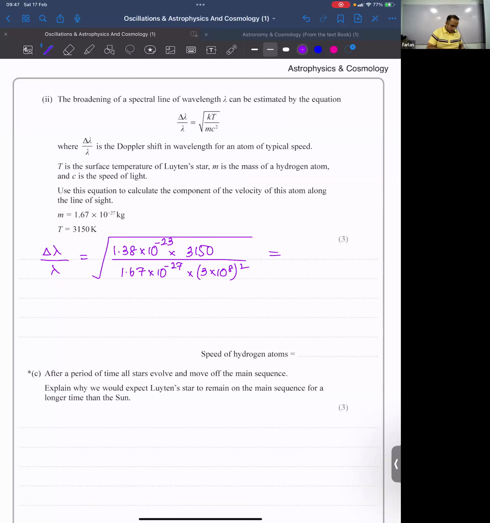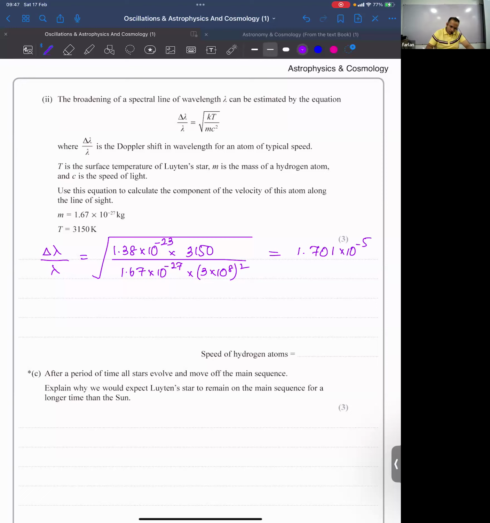That will give you 1.701 into 10 to the power minus 5.